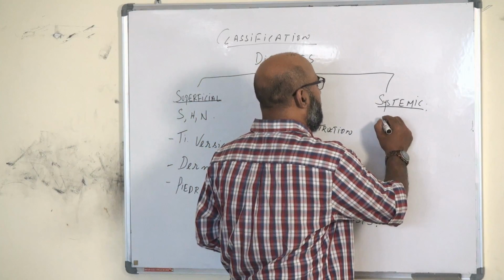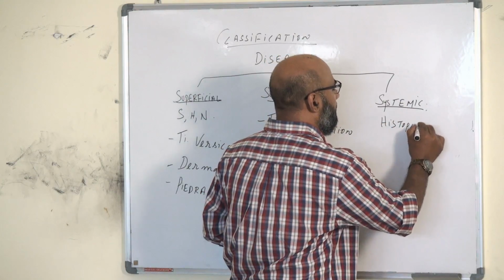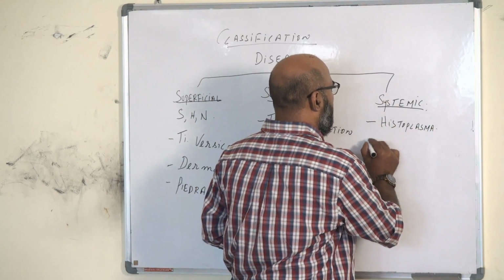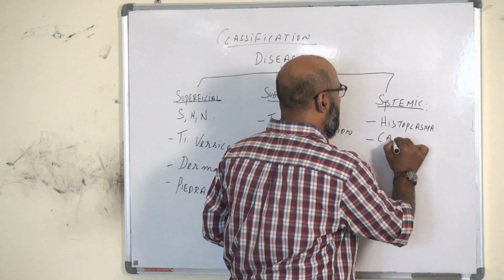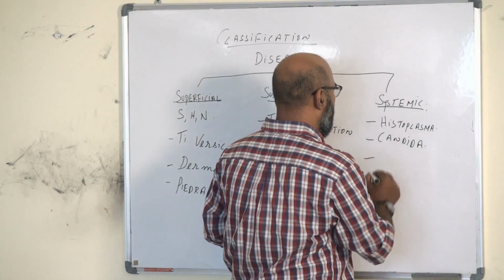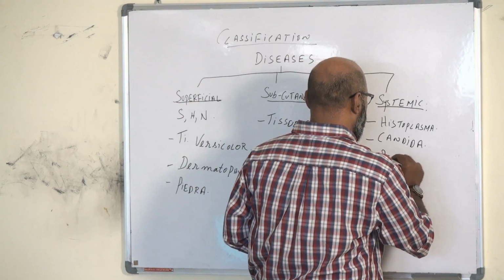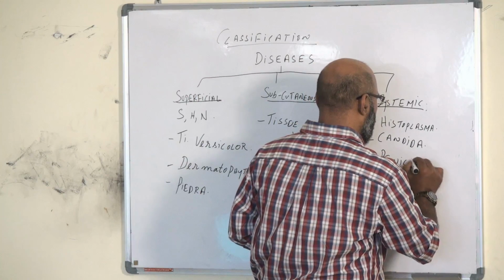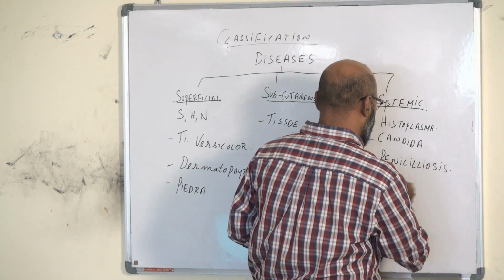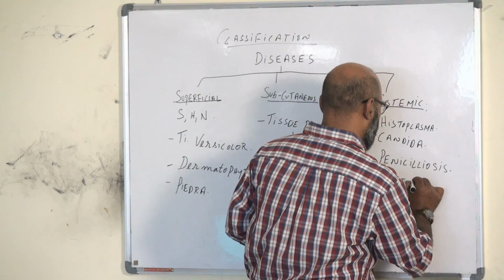Examples of these systemic are the histoplasma, and candida, then penicilliosis, blastomycosis.